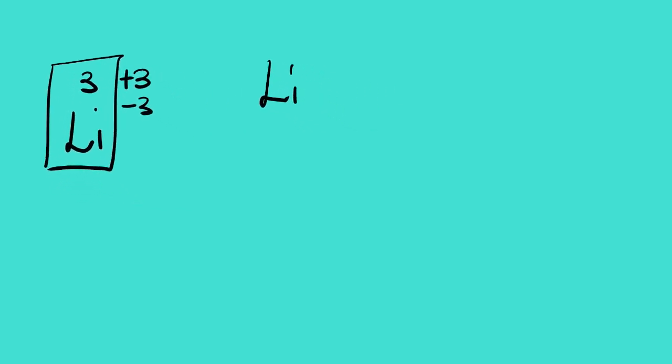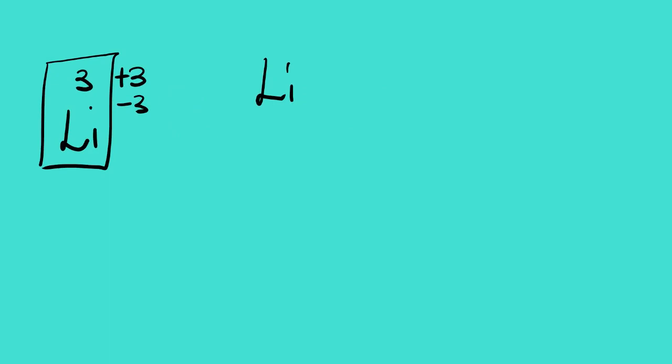This simply means that lithium consists of 3 protons and 3 electrons. The sum of these two gives us 0. Negative 3 plus 3 is 0, or 3 minus 3 is 0. So if you don't see any number here, just know that we have 0. That is the initial ion of lithium.